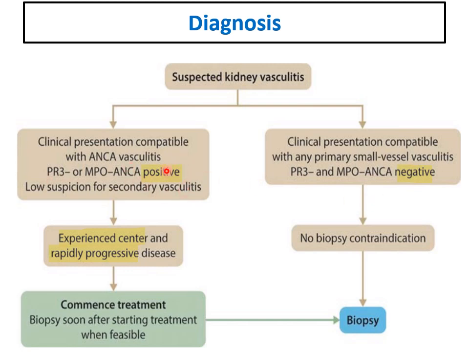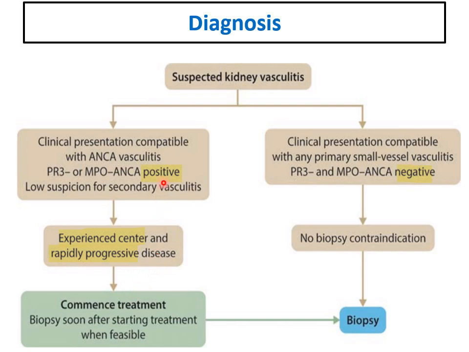If we find them positive with the clinical presentation and there is rapidly progressive nephritis, of course we should start treatment without any delay, and biopsy can be done after starting treatment. We shouldn't delay starting treatment in highly suspicious cases to wait for the biopsy.